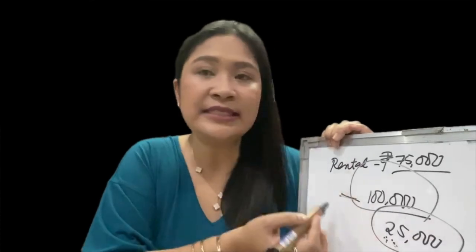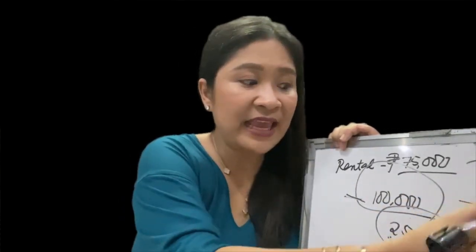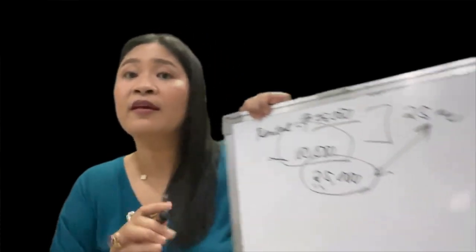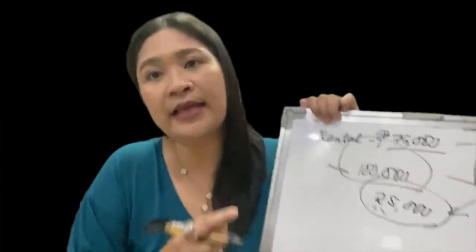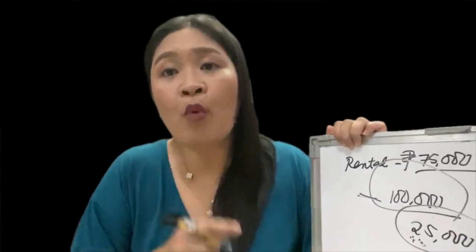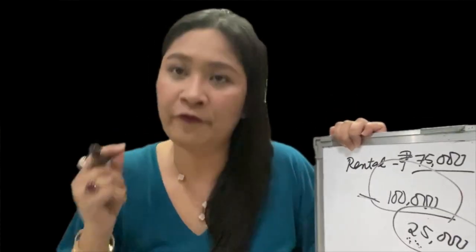Now look at our example. How much was the economic prejudice? It's 25,000. Okay? It is exactly 1/4. So is this rescissible? No, it's not, because the law says it must be more than 1/4.